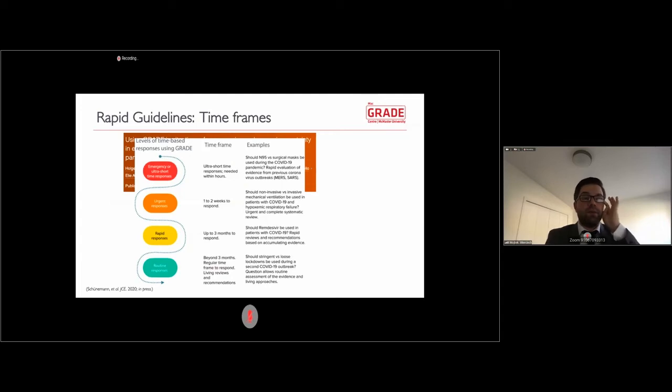So for example, going back to that ultra short time frame, you may do a rapid evaluation of evidence from other diseases, other populations, what's available there, not having time to do a full systematic review, for example. This is a useful framework to work within for considering producing rapid guidelines.